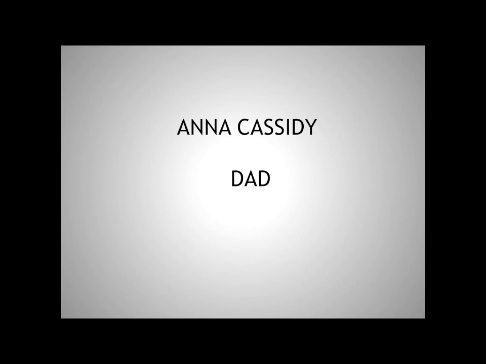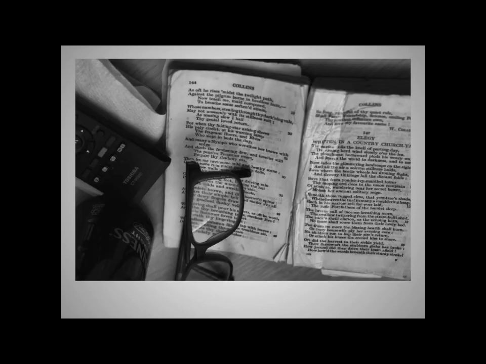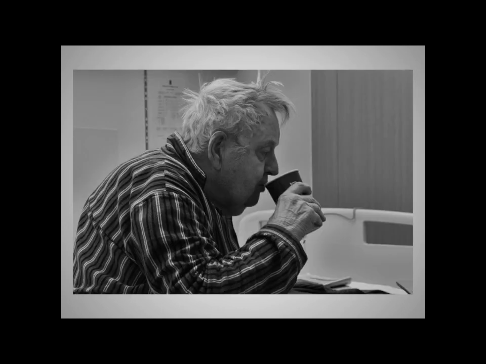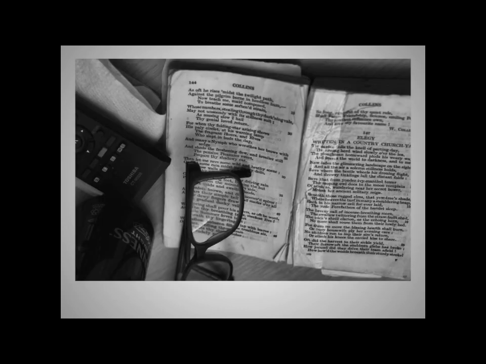Anna Cassidy, in the last year or so, has made this piece, and her dad, who is in a care home, and this is his dictionary. This is his copy of Elegy Written in a Country Churchyard, which is a favourite poem of his. Beside a can of Guinness, his glasses, and the remote control of the TV.